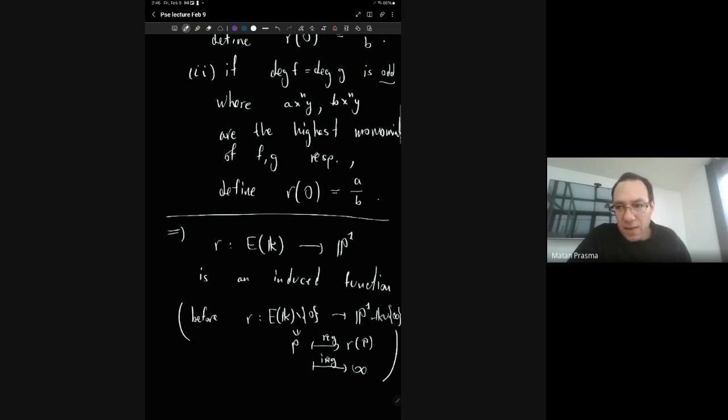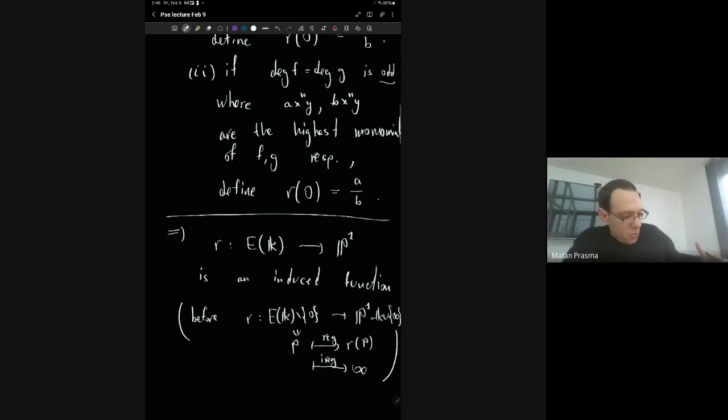Okay, so we already had a definition: you take a rational function, you want to evaluate it at any k rational point which is not the point at infinity, and we can map it into some point on the projective line.